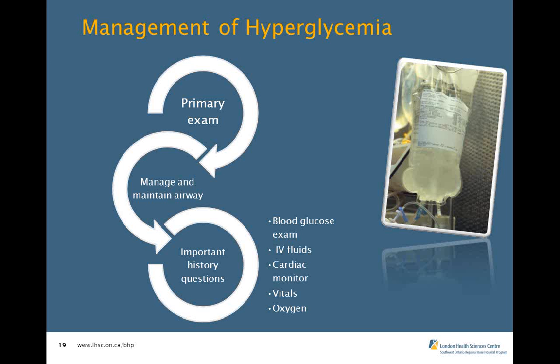Often the person who is hyperglycemic will have a normal level of consciousness, and if their SaO2s are fine, they probably don't need supplemental oxygen in that case. So that's basically the pre-hospital management of hyperglycemia and hypoglycemia.